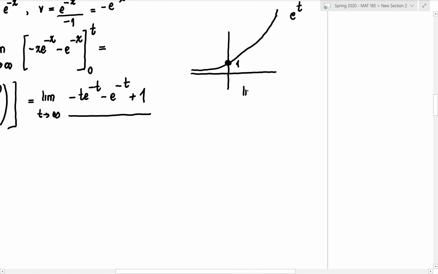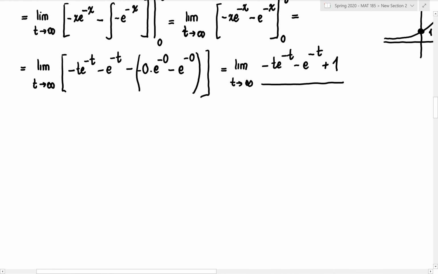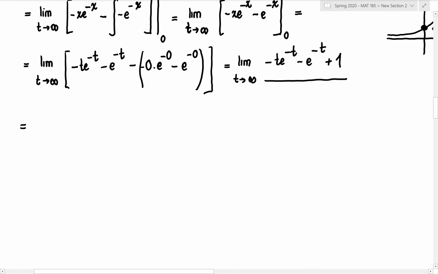So from this graph here, what I'm saying is limit as t approaches infinity, e to the negative t is equal to 0. Because as t gets larger and larger, negative t is getting smaller and smaller, and as this power is getting smaller and smaller, the exponential is getting closer and closer to 0. So if I look at this quantity here, the limit of the first one, as t goes to infinity, is negative infinity times e to the negative t, which is 0.